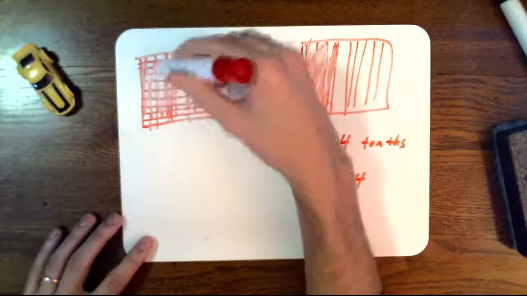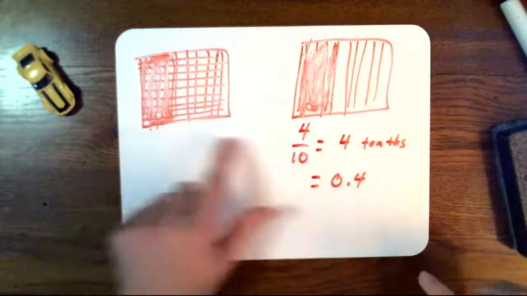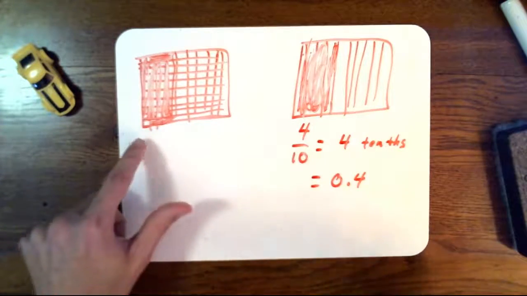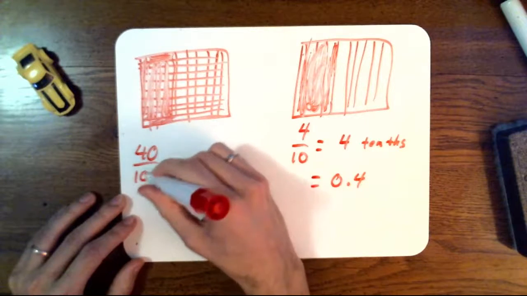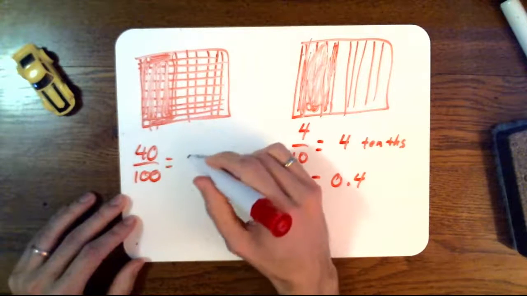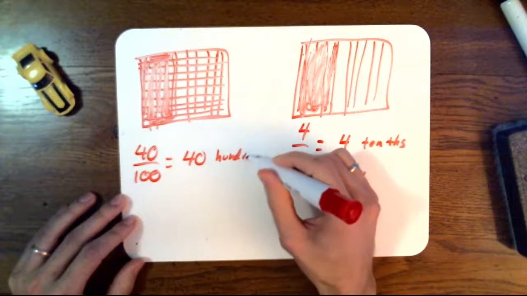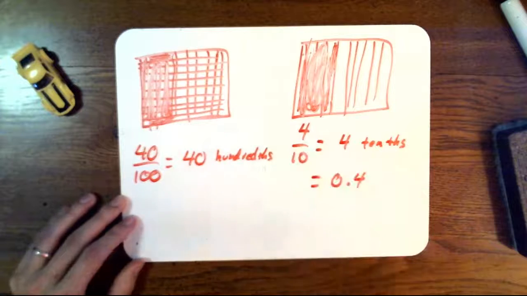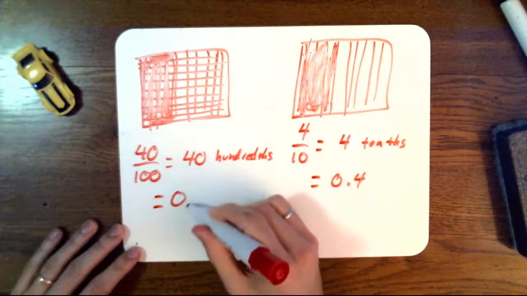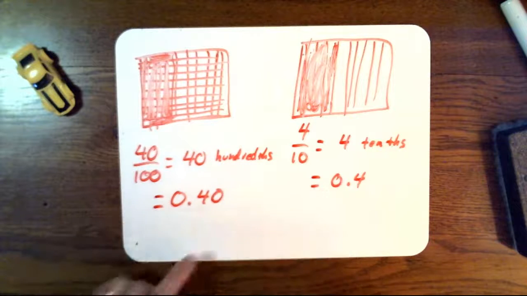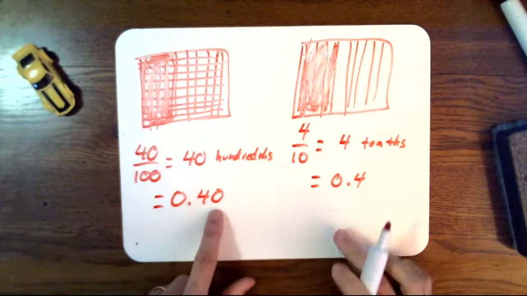So I'm going to shade in the exact amount as the last one. Notice here we have 4 out of 10, but now this represents 40 pieces out of 100 pieces, which is 40 hundredths. So 40 hundredths. So how do we write that? We have this 0 to represent the hundredths position.